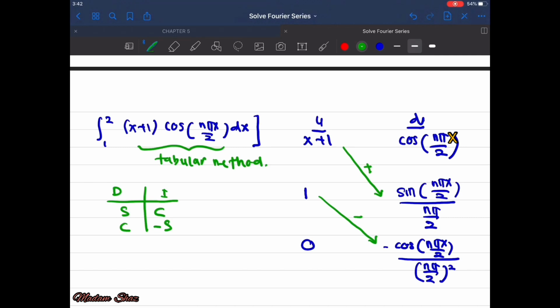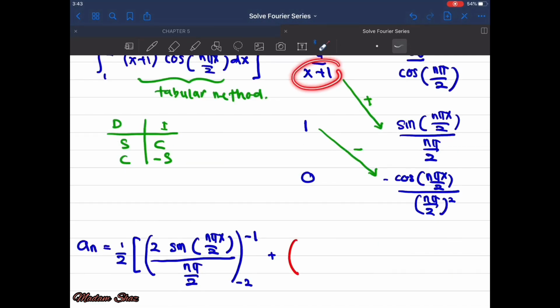So now combine the answer. So x plus 1 multiply with the sine n pi x over 2 divide with n pi over 2. So n pi over 2, this one we can change to 2 over n pi. 2 over n pi multiply x plus 1 multiply with the sine n pi x over 2.